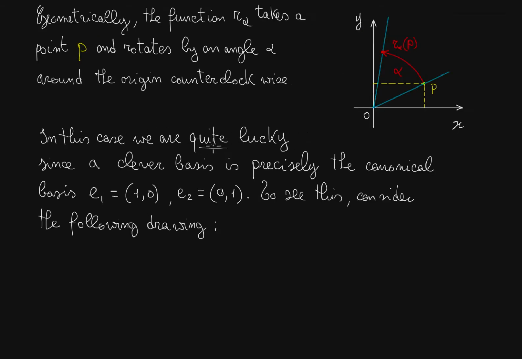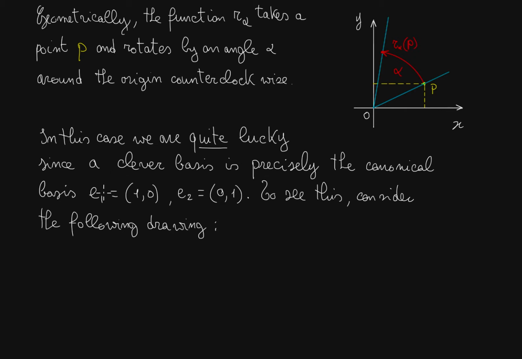In this case we are quite lucky, since a clever basis for finding an associated matrix of R alpha is precisely the canonical basis of R squared. The rotation we are considering now is a homomorphism from R squared to R squared.